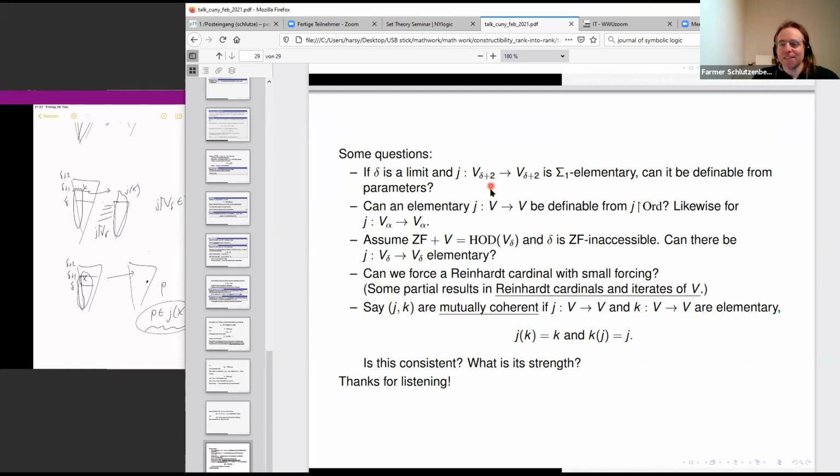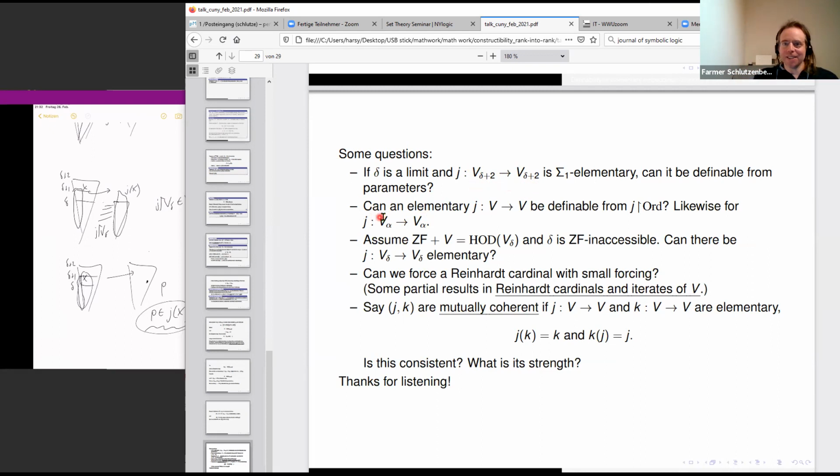In some cases there is. If you're in L of V delta plus 1, then there's a constructibility hierarchy above V delta plus 1 that gives you a natural hierarchy. But in general, this is really unclear, though it's a very natural thing to expect there to be a hierarchy at least in canonical situations.